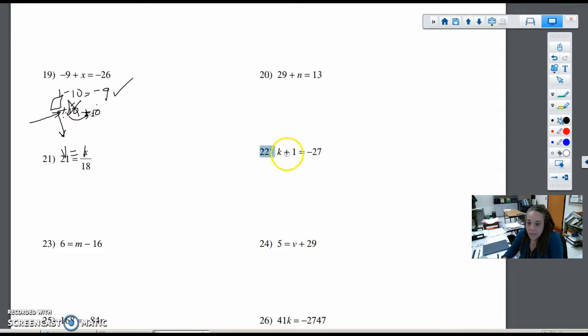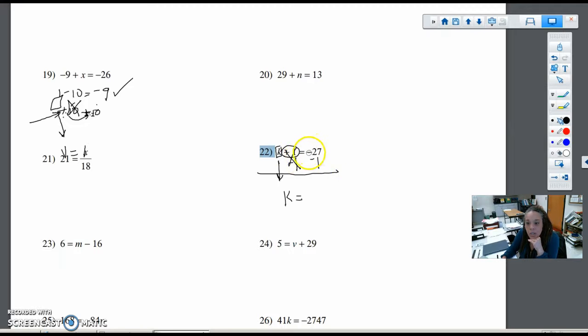So here the variable is k that I want to solve for. So that's what I want to have isolated is k. And what is with k that needs to go is a plus 1. So again, I have to use the inverse operation or opposite, which is minus 1. Plus 1 minus 1 cancels out. But whatever I did on one side, I also have to do on the other side.